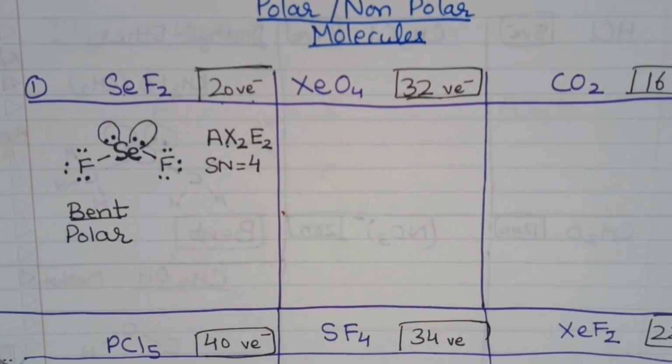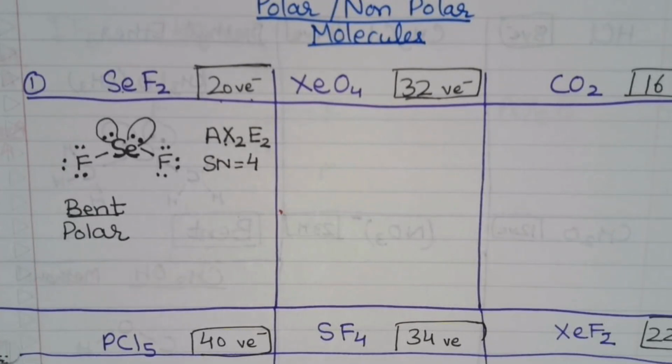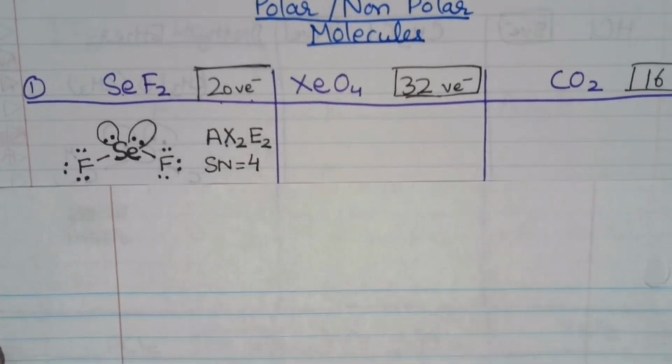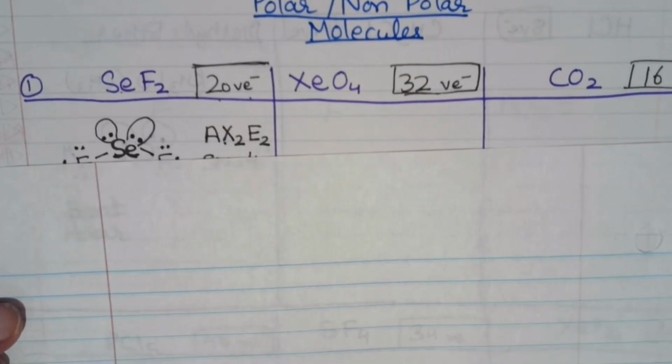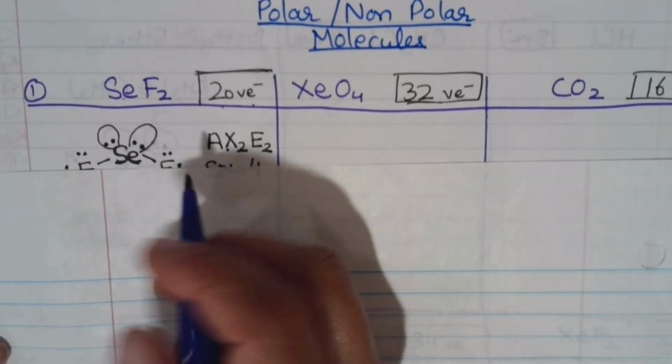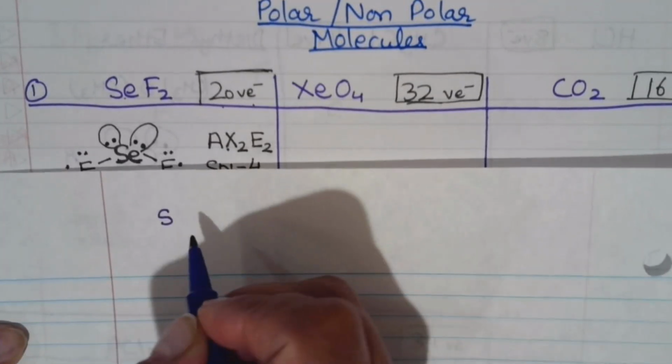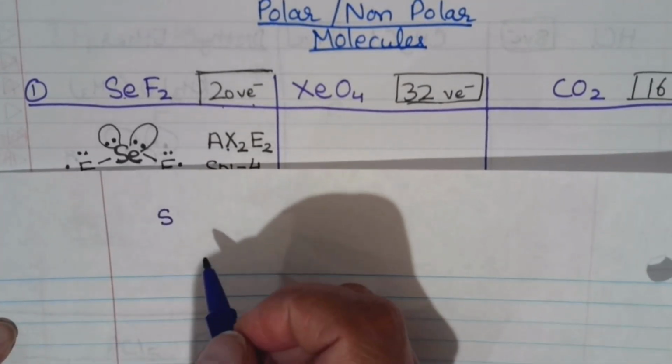Next we have to tell what kind of hybridization is present in this molecule, right? So to tell the hybridization, we always have to first see what kind of orbitals are joining. Hybridization is mixing of orbitals.